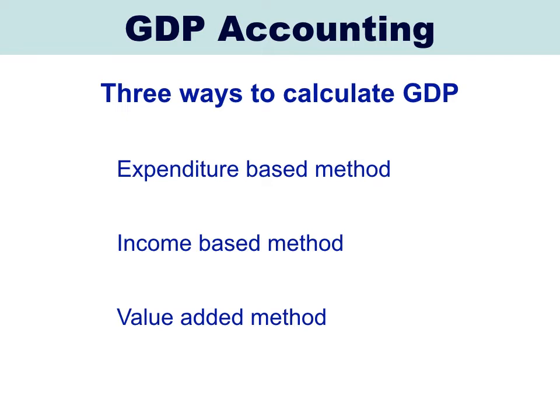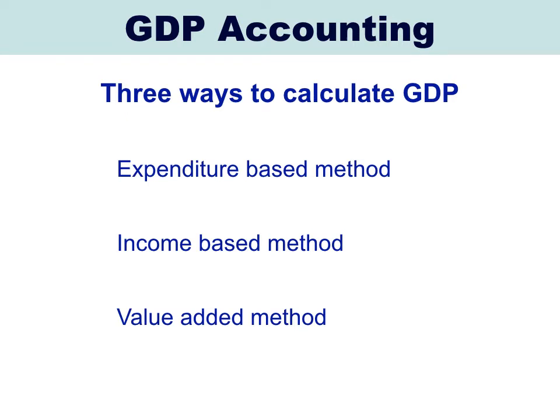We can also use the income-based method. This is where the government uses the tax information from individuals looking at their incomes, right? Everybody's got to report their incomes. So you would look at the individual tax receipts. And, of course, these 2 values, expenditure and income, are going to yield the same result, all right?